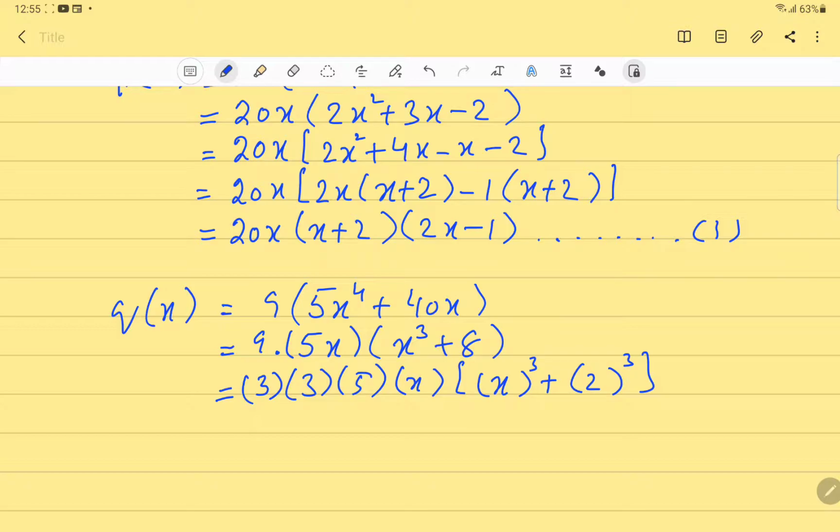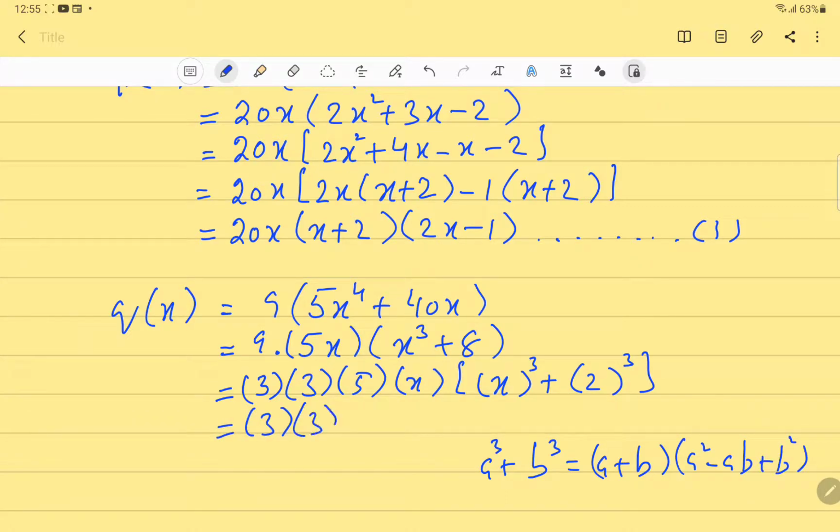Here we have to apply the formula a cubed plus b cubed is equal to a plus b into a squared minus ab plus b squared. Let's apply this. 3 into 3 into 5 into x plus 2 into x squared minus 2x plus 4.